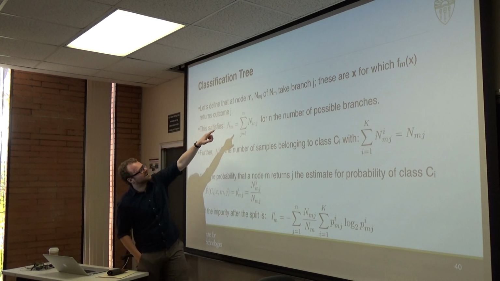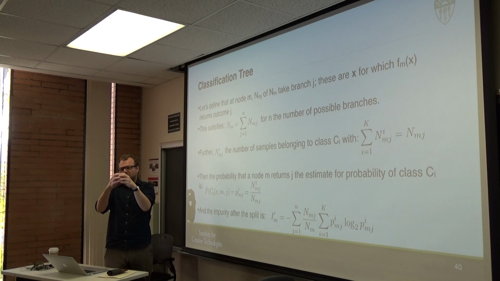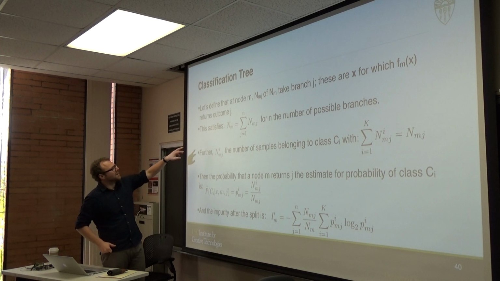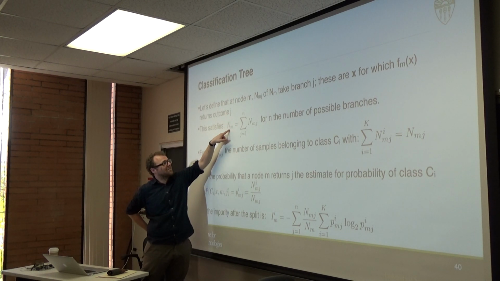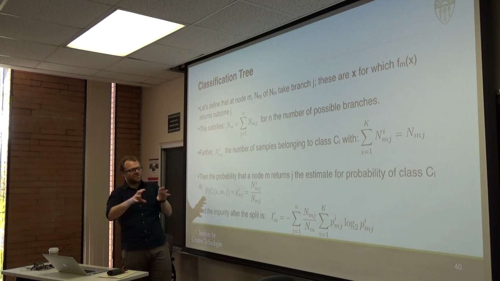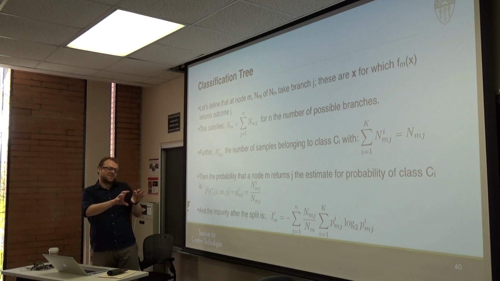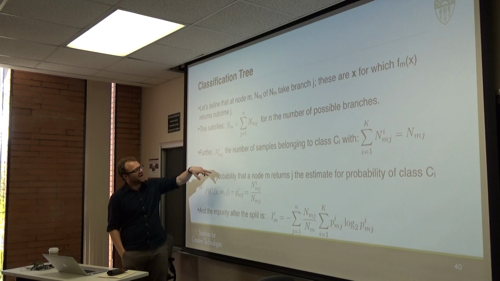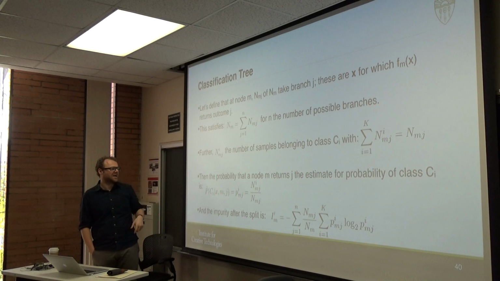We define that N_mj is, after we are in node m, and we take one of the j branches, in our case most of the time 2 branches, so what this satisfies is that the number of items that we have in m is equal to the sum of the number of items in all the branches, so we're not losing any, and N_mj^i, with the i on top, is again the number of items in that branch that belong to class i.